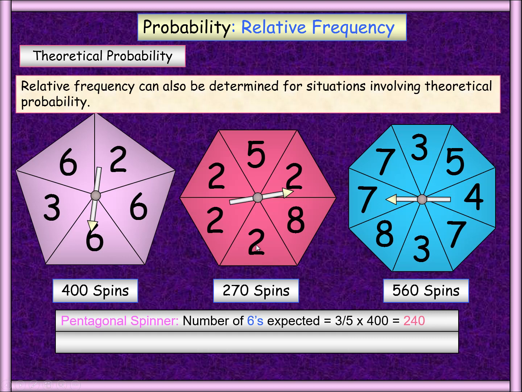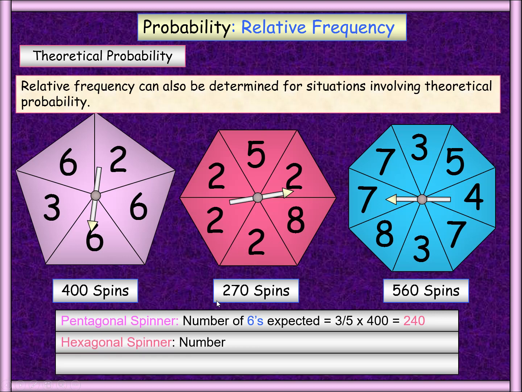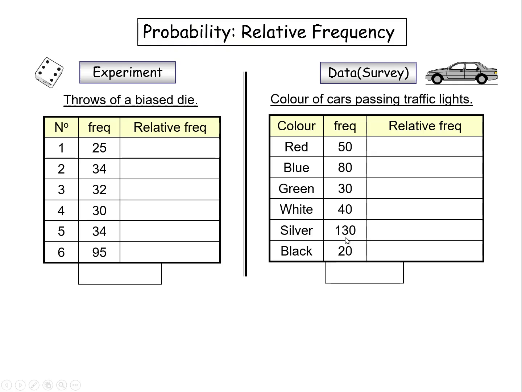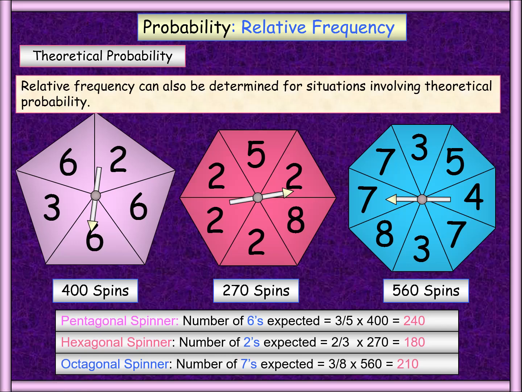Number of times you get a 2, 1, 2, 3, 4 2s out of 6, so 4 out of 6, or 2/3, times 270, 180. And number of times you get a 7, 3 7s out of a total number of 8, so 3 out of 8 times 560 gives you 210.